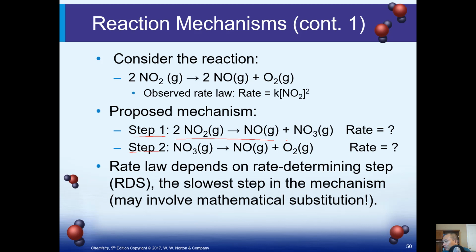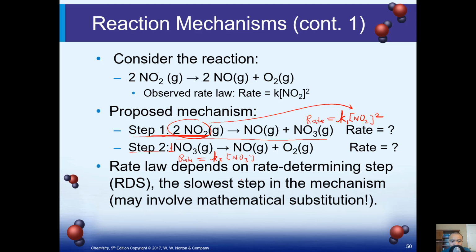For example, for step 1, which is an elementary step, the rate can be written as k1, where 1 means step 1, times [NO2] squared from the reactants. And the rate for step 2 will be k2 times [NO3], because you only have a unimolecular process. One molecule is involved, so you raise this to 1, or you don't have to write that 1.